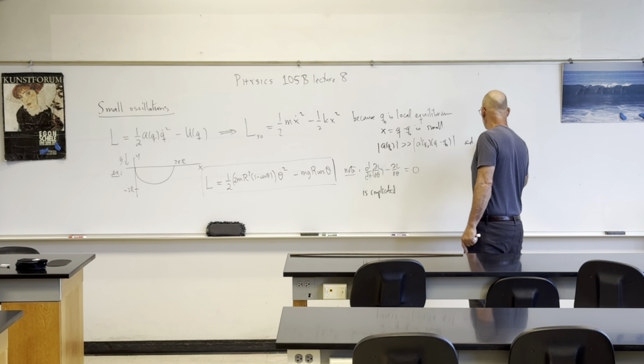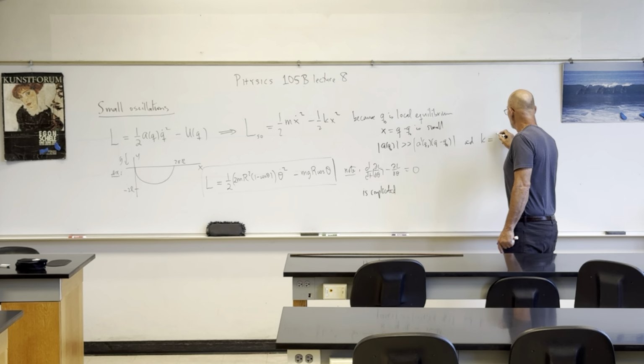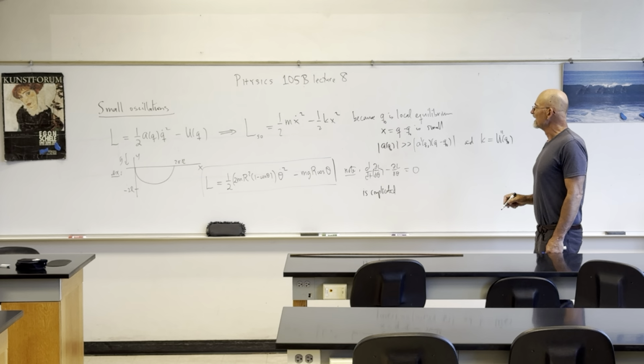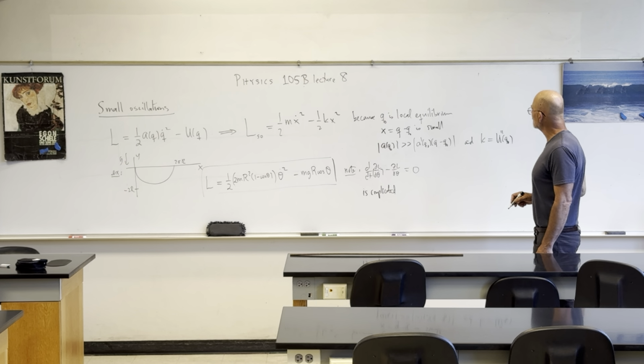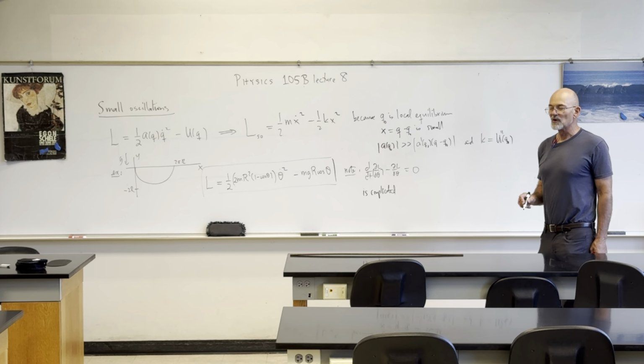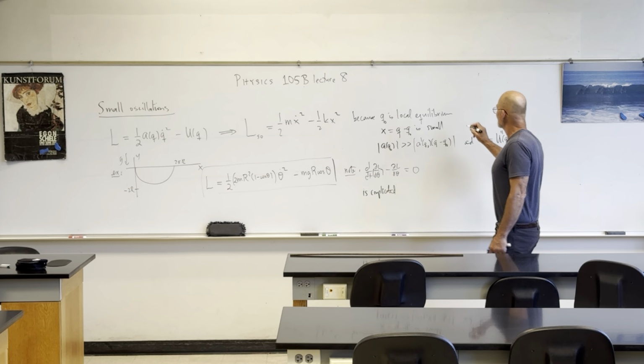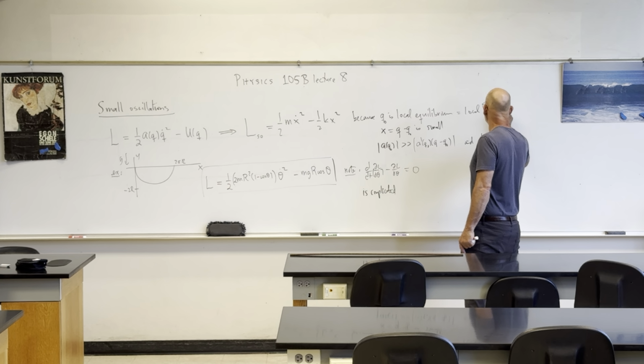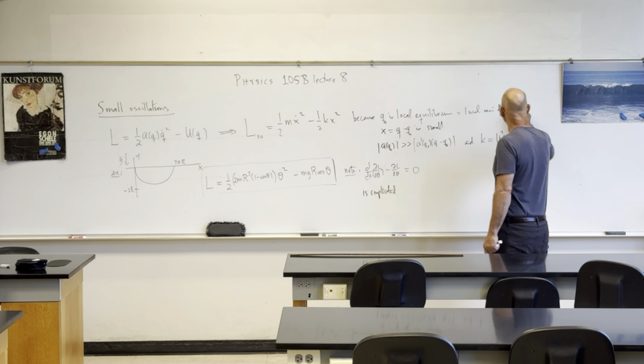And we let k equal U double prime of q naught. So that's a simplification. If you have a local equilibrium, local minimum of the equals local min of U of q.